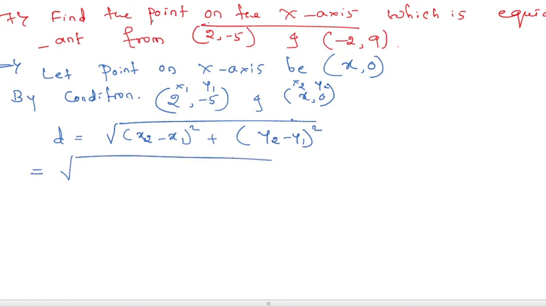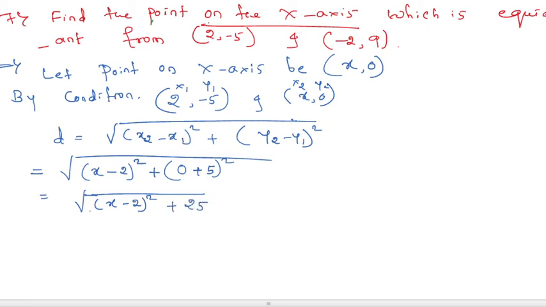Which is equal to square root of x2 means x minus x1 means 2, (x minus 2) whole square plus y2 value is 0 minus minus plus 5 whole square, which is equal to square root of (x minus 2) whole square plus 5 square means 25, only this much. This is the distance of these 2 points.